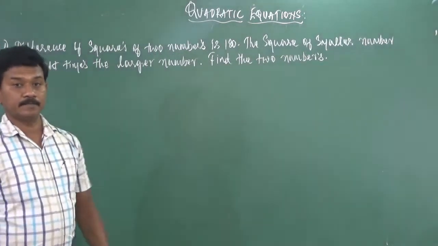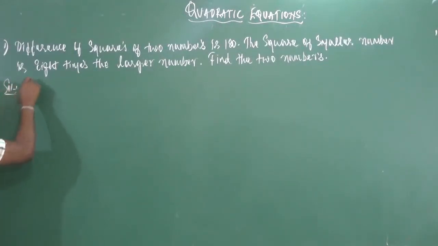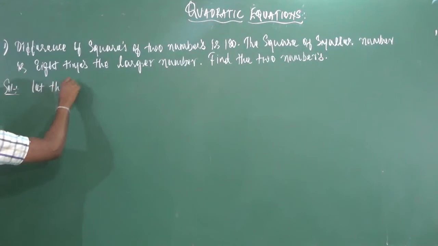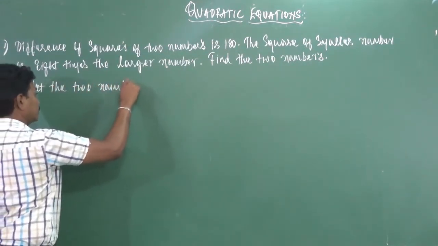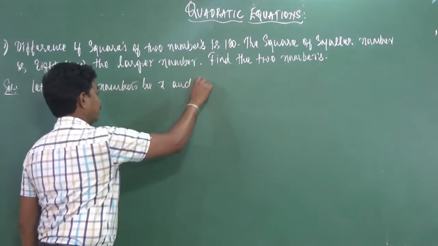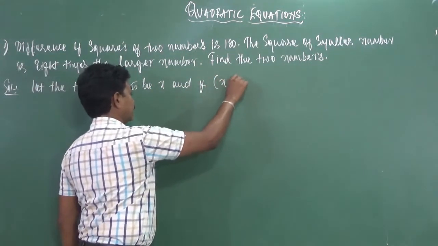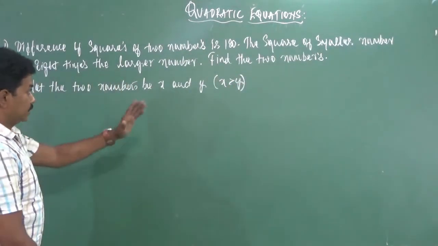So let the two numbers be x and y, where x is greater than y. I hope you understood the logic here.